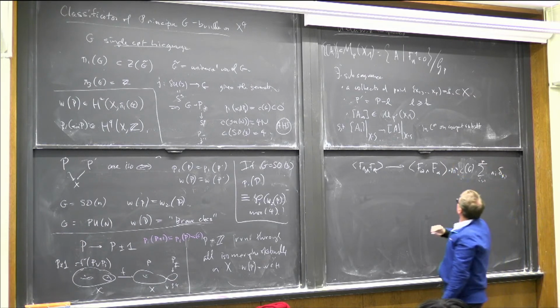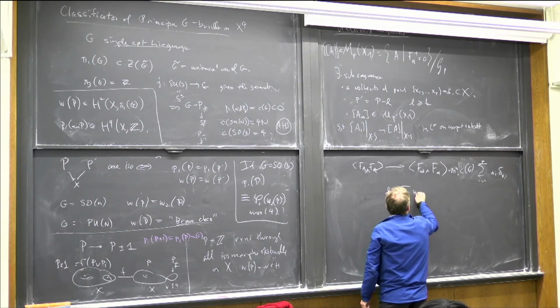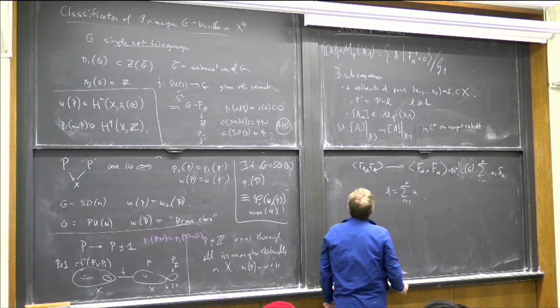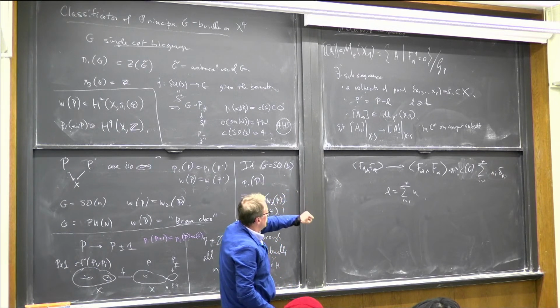And now I can tell you more accurately what L is. L is the sum of the n_i. Okay? So you're supposed to think again that some energy is bubbling off.